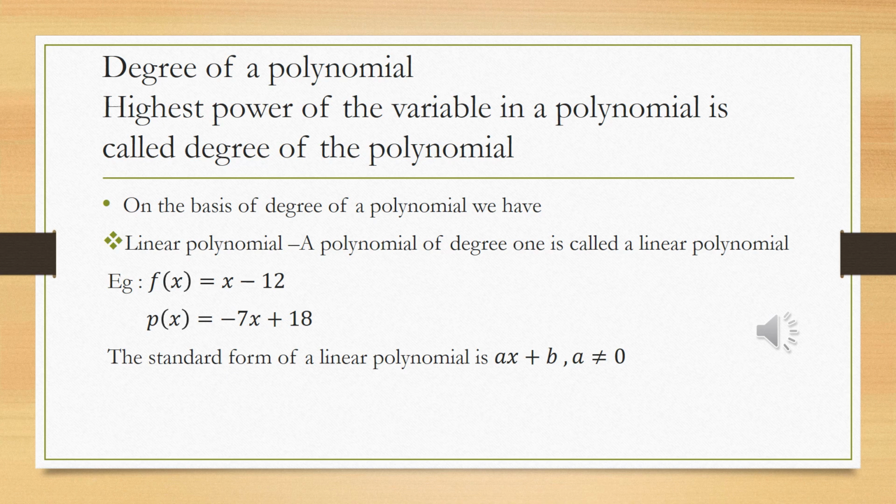One more example is given, p of x equal to negative 7x plus 18. Again the variable is x with the power as 1. The standard form of a linear polynomial is taken as ax plus b, where a is not equal to 0.